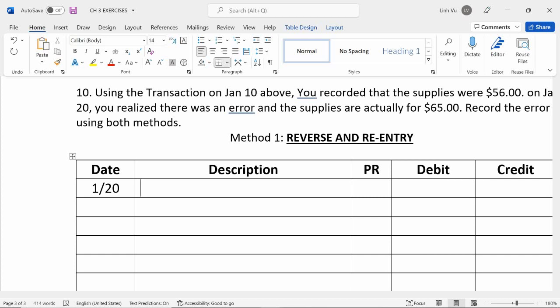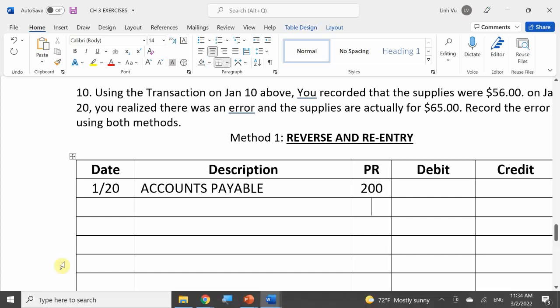The description would be accounts payable? Accounts payable, because again, that's correct. I have to undo my transaction. In this case, I'm going to undo my accounts payable. Now, what is that going to also undo as well?